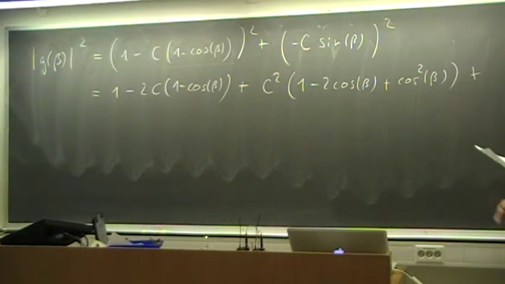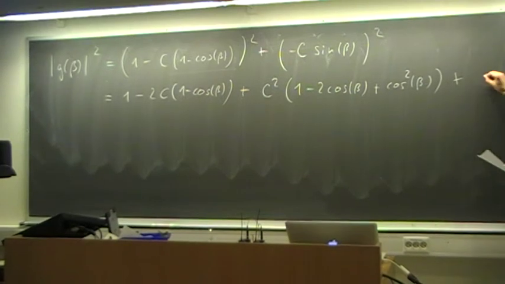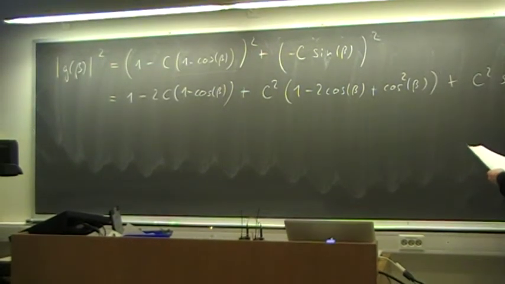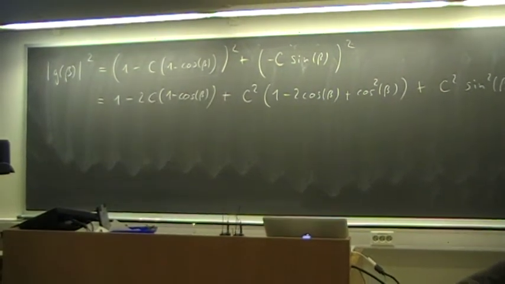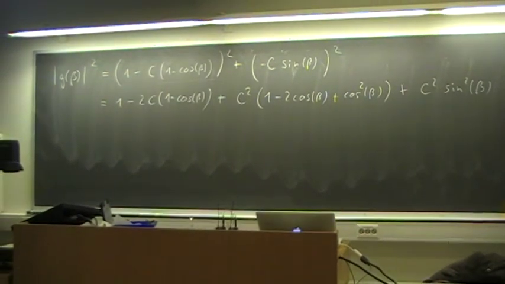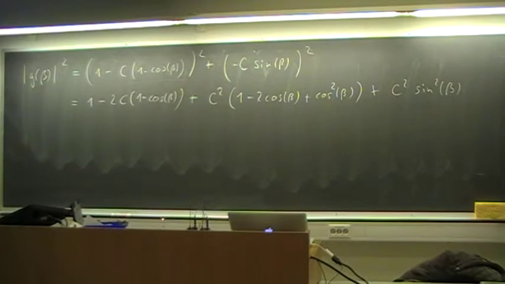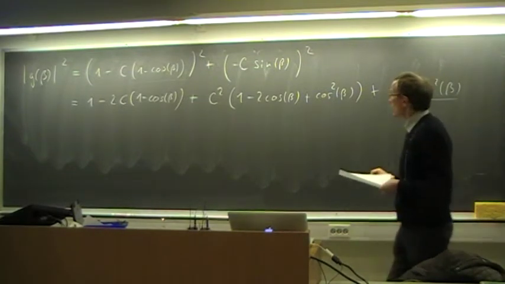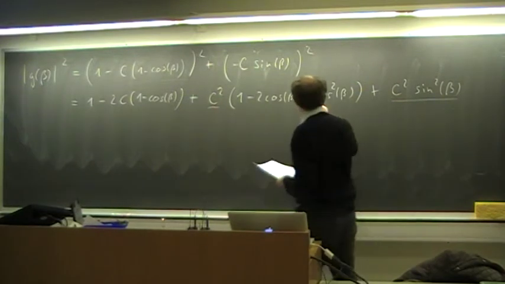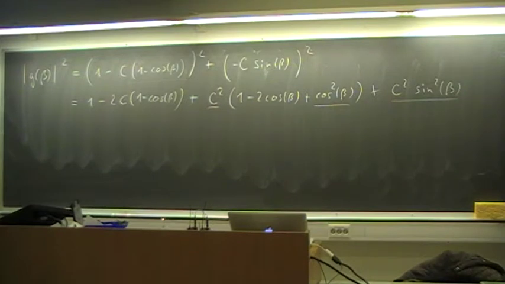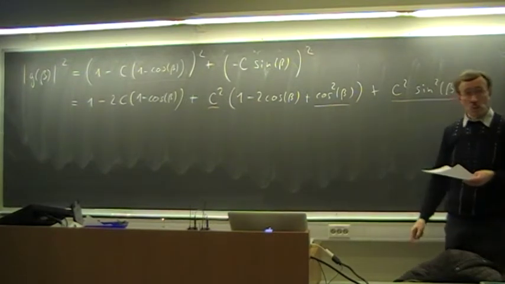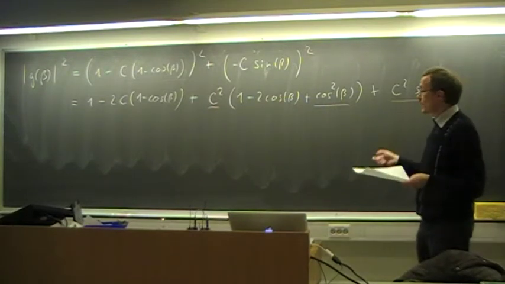And from the imaginary part, we get a c squared sine squared of beta. So now we can observe something nice. This term here and this term times this term, they add together to c squared, because sine squared plus cosine squared is 1. So this gives us an additional 1.